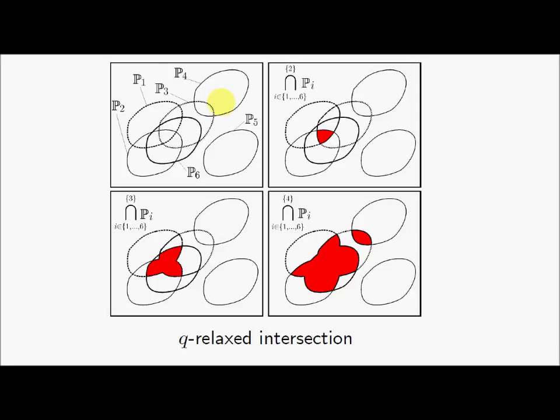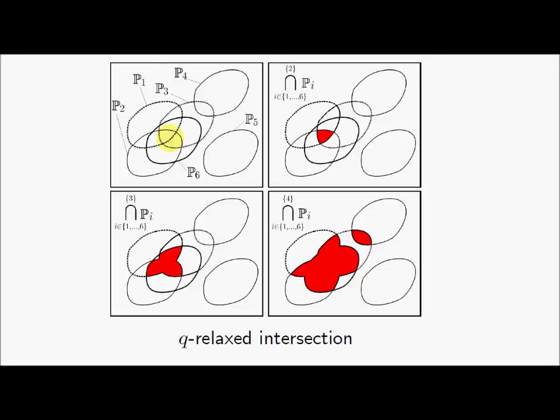So in this picture, I have 6 data, so 6 sets. As we can see, there is an outlier. I can recognize that there is an outlier because these 6 sets have no intersection. So the intersection of the 6 sets is empty.